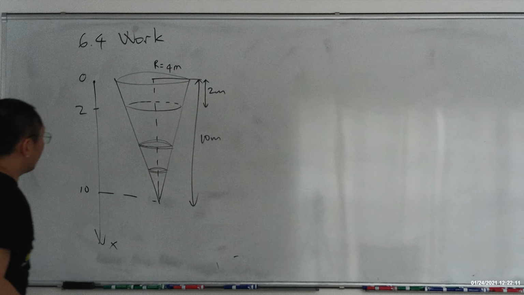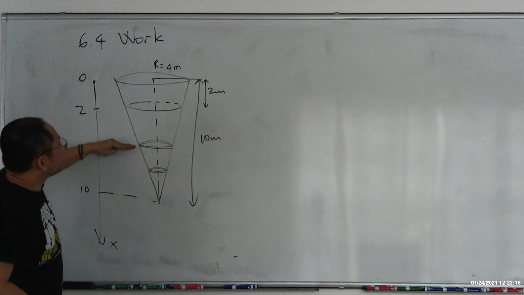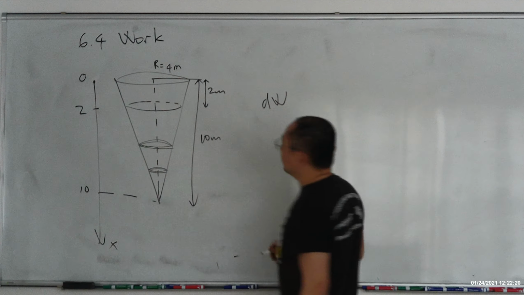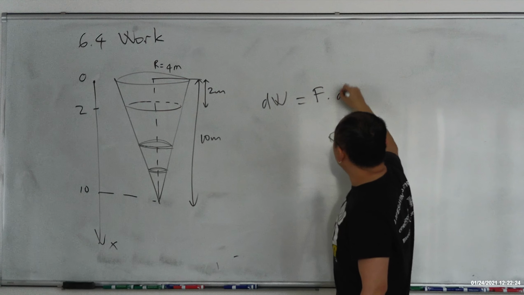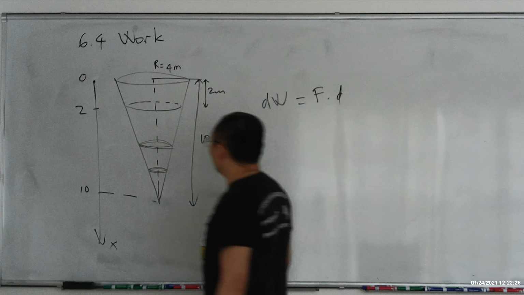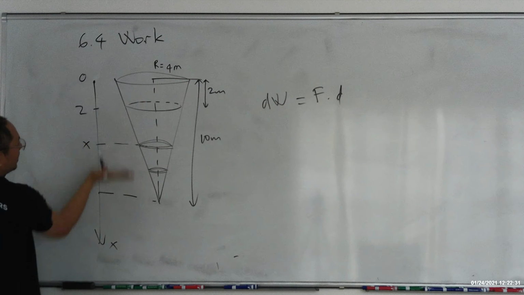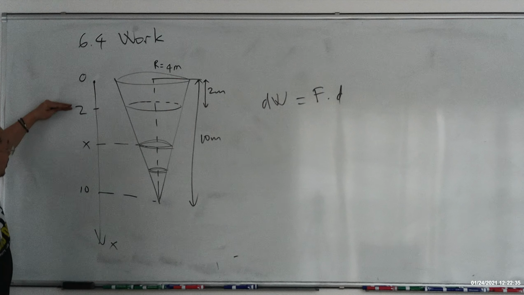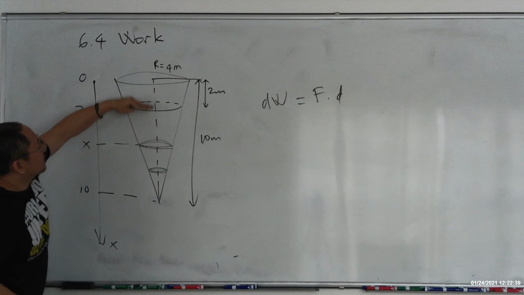So we want to calculate the amount of work to bring one slice of water all the way to the top. And that dW, the little amount of work, is F times D. Is that right? So we have to calculate D. If the slice right here is called x because it's a changing variable, x is going to change from where to where? From 2 all the way to 10. The first slice is at 2, and you have to move it up.